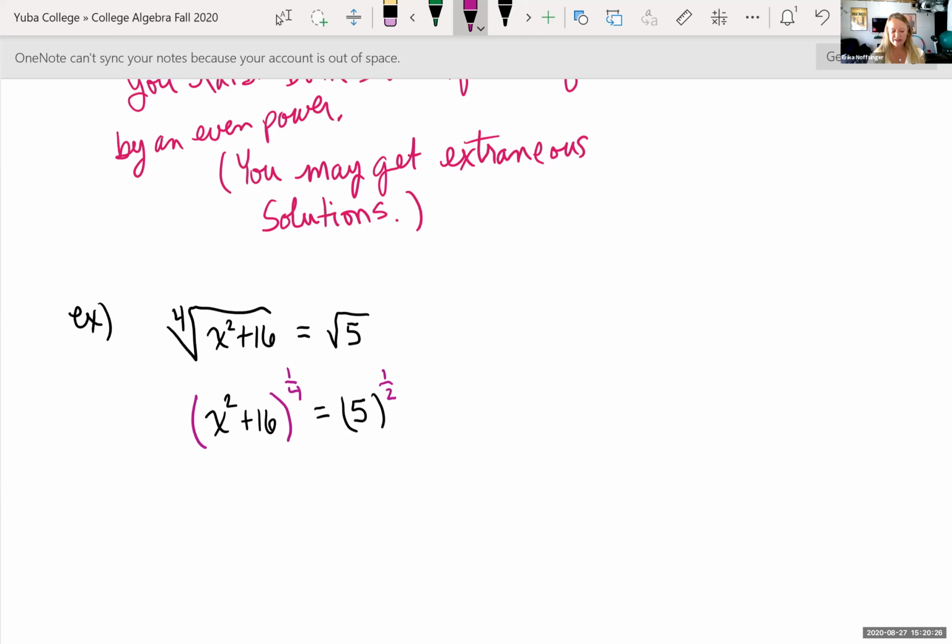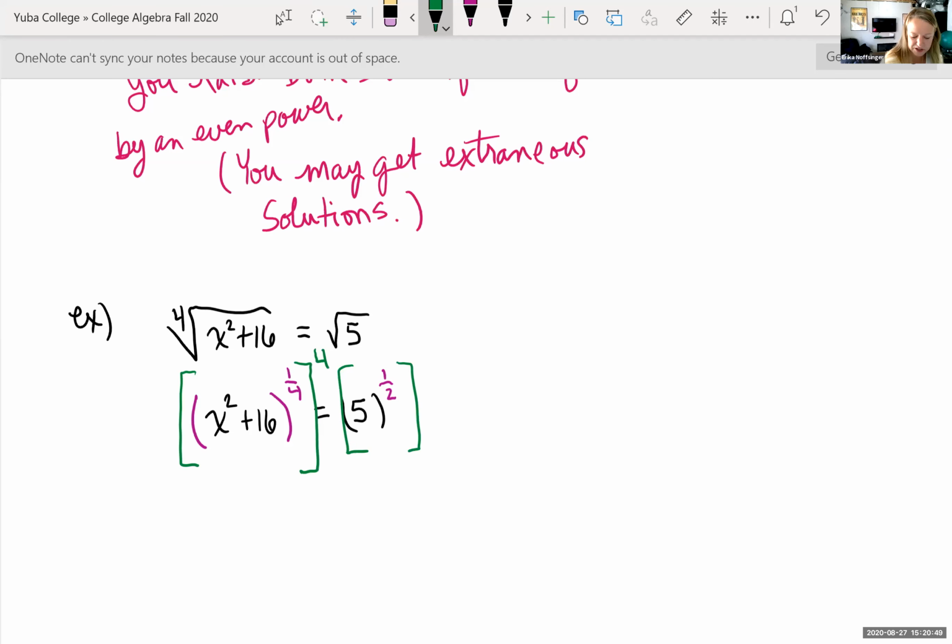Well, the whole point of this is to get x by itself. So we really need to get rid of that 1/4 power. To get rid of the 1/4 power, we're going to use the fact that power to power is multiplication. So we're going to raise both sides by the index of this fourth root, which is 4. And if we do something to one side of the equal sign, we have to do it to the other side.